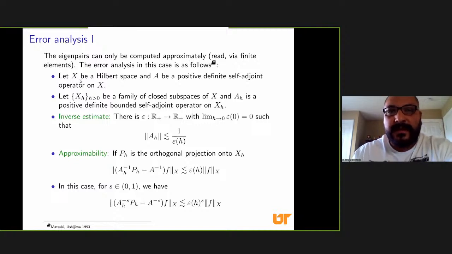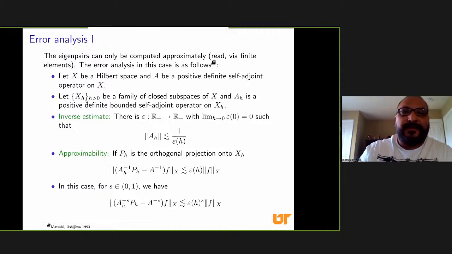They looked at a Hilbert space, with some positive definite self-adjoint unbounded closed operator in that space. I'll translate this in a little bit. They assume that they have some family of closed subspaces, and on each one of them some positive unbounded operator.